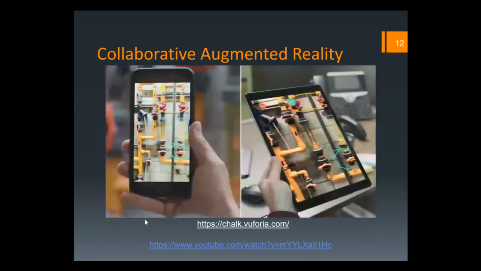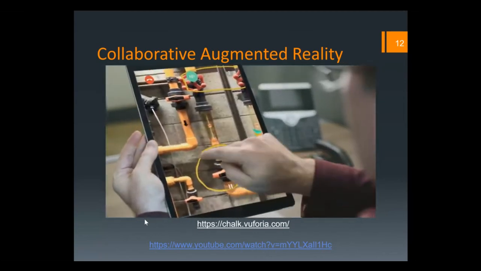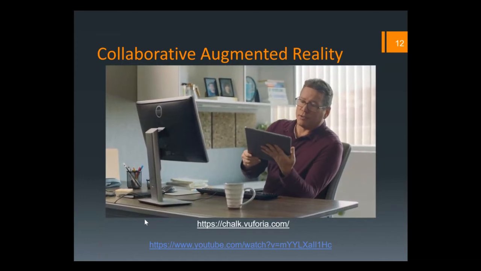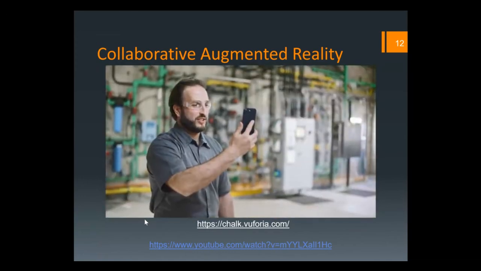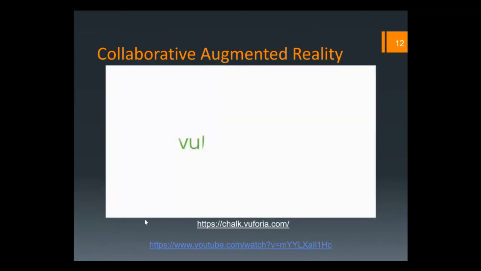So as you move your headset, or your mobile, around, you are able to communicate. HoloLens also has this kind of application that Microsoft put out, Remote Assist. It's interesting how people collaborate through these mediums in both AR and VR.